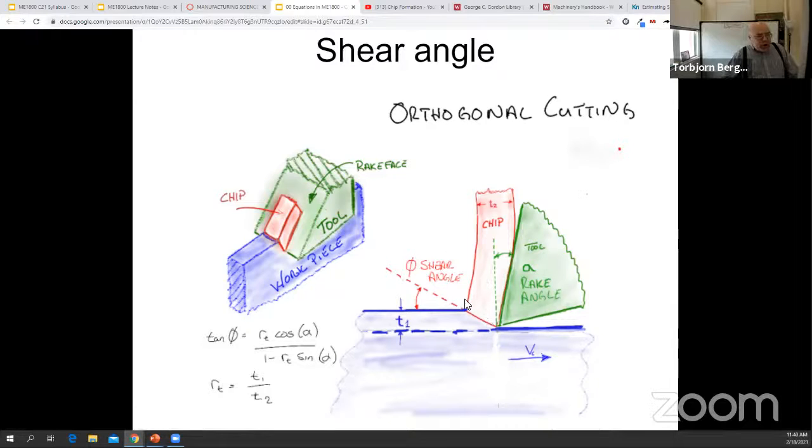Right, so when we go through this shearing that happens in the shear plane, it deforms the material. It changes the grains of the material. They change shape, they change orientation. And so we're putting energy into this chip plane here, and it distorts the material and it comes out at a different size.